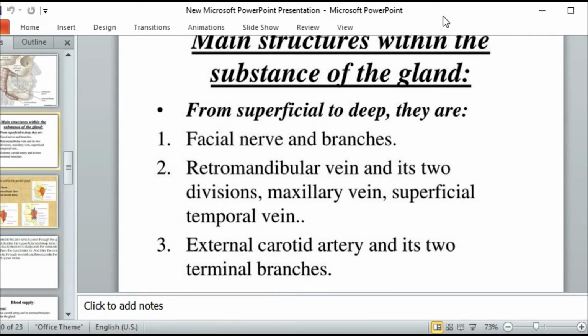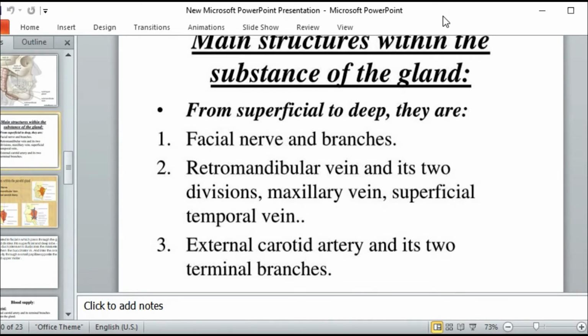So the facial nerve and its 5 branch are passing through the parotid gland. Okay, and also this facial nerve divided the parotid gland into 2 lobes, the deep lobe and superficial lobe.